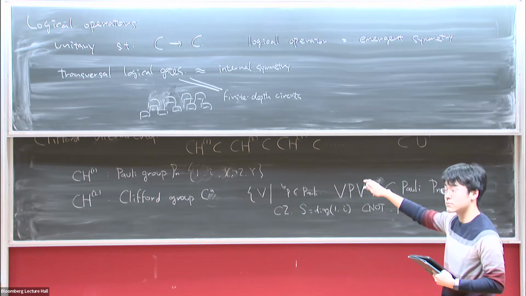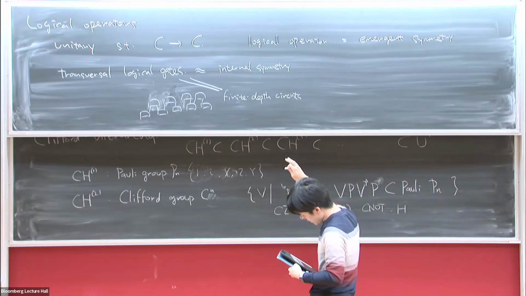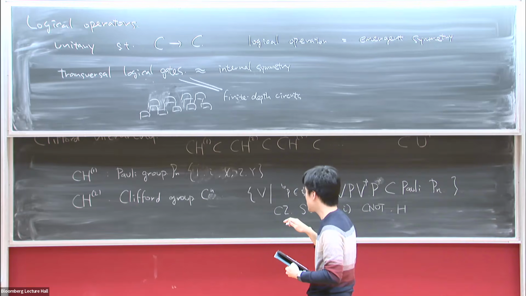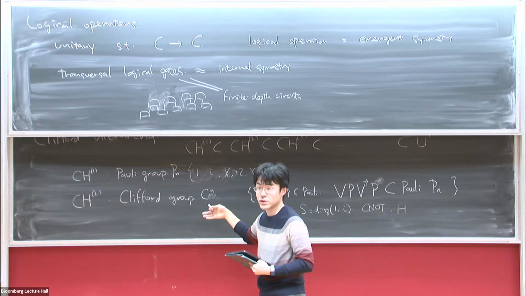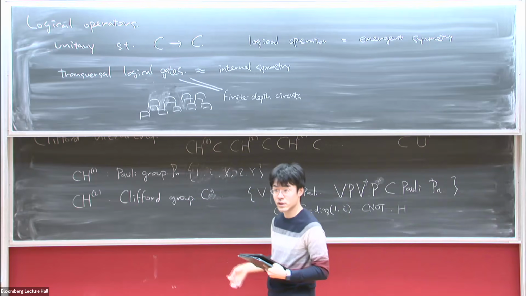Well, there's a group people call the local Clifford group, which acts on just one site and maps X, Y, Z into themselves. And the full Clifford group acts on the n-qubit system and maps Pauli operators to themselves.